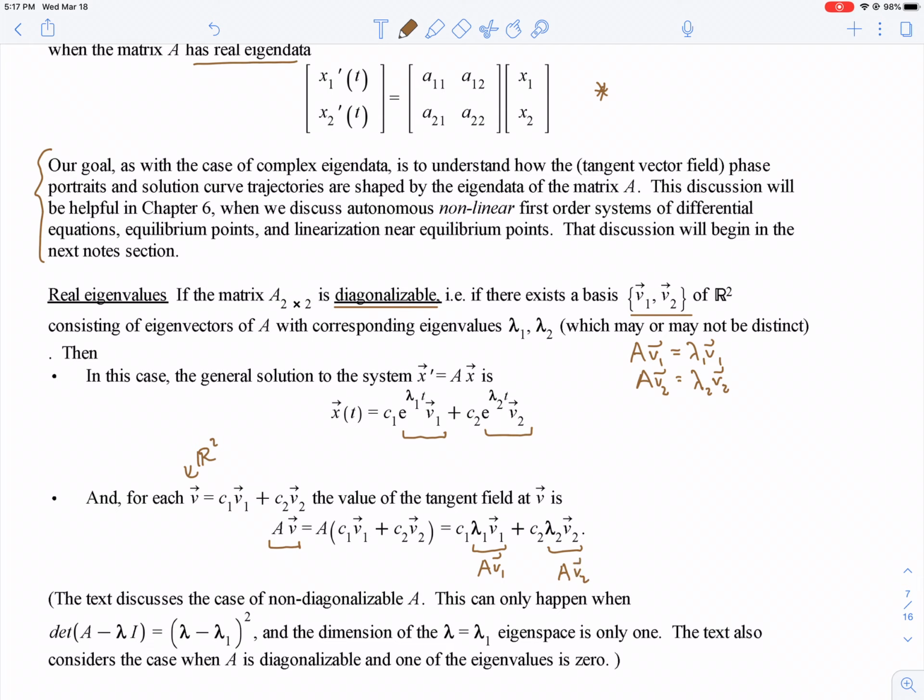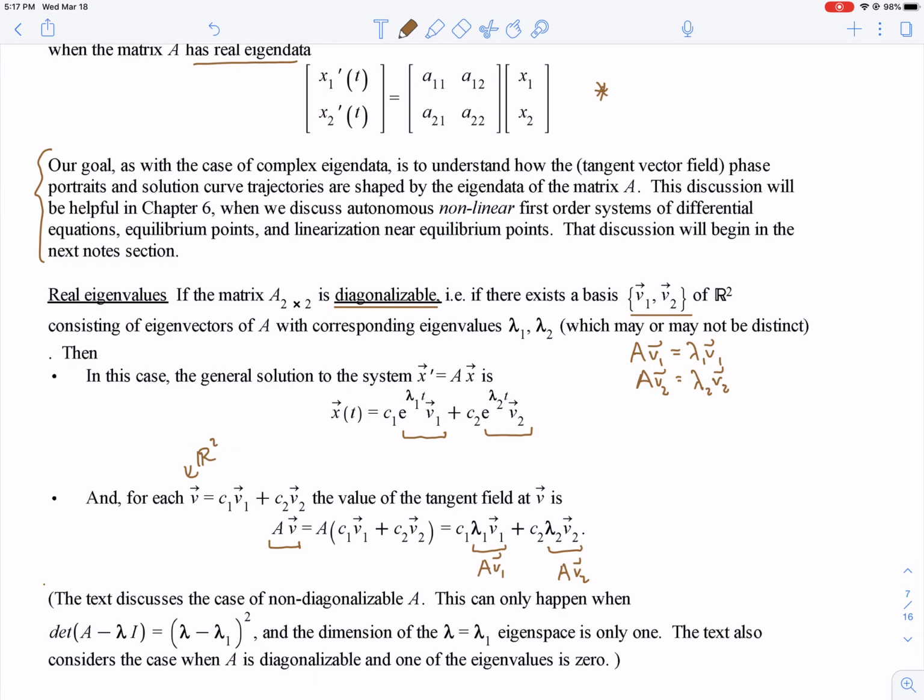So if the weights of a vector with respect to v1 and v2 were c1 and c2, the weights of Av are just c1 lambda 1 and c2 lambda 2. So that will help us understand what the tangent field looks like.